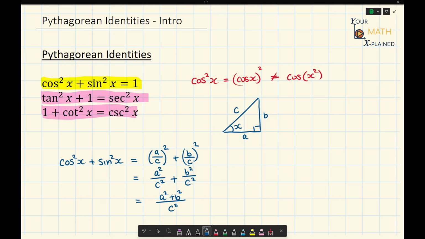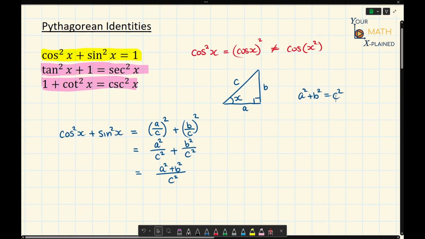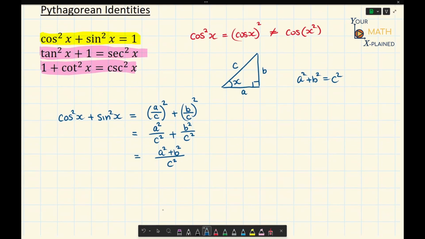And the Pythagorean theorem says that a squared plus b squared is equal to c squared. So therefore, our numerator, which is a squared plus b squared, can be replaced with c squared. So now we have c squared over c squared. And this is just equal to 1. And thus, we have shown the identity that cos squared x plus sine squared x is equal to 1.